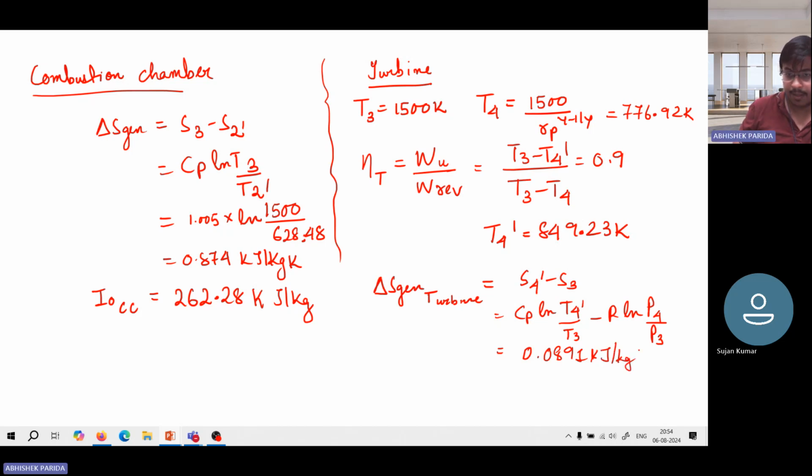per kg Kelvin. Now, what is the exergy destruction for the turbine, into 300? It will be also somewhat around 26.73.